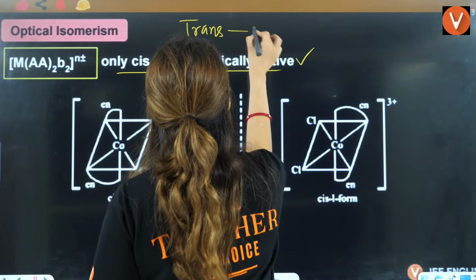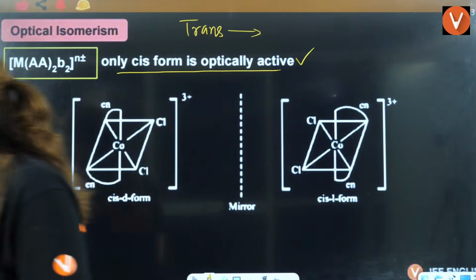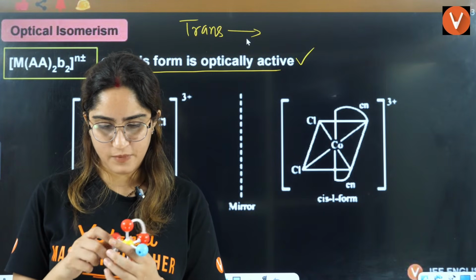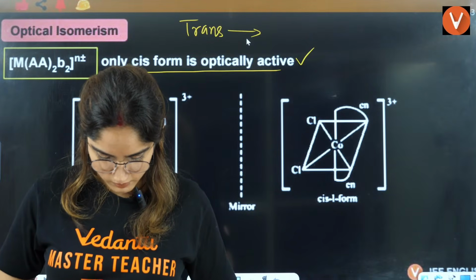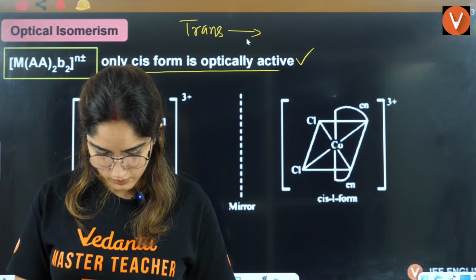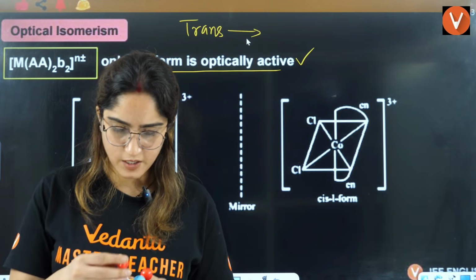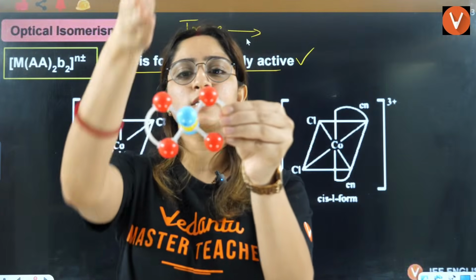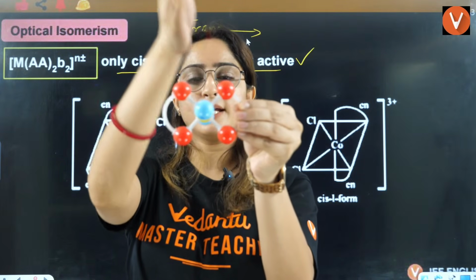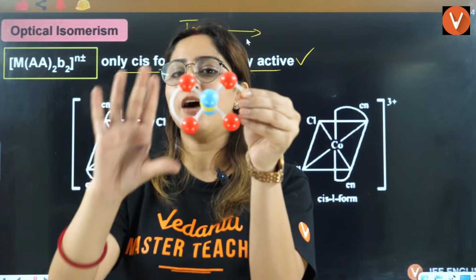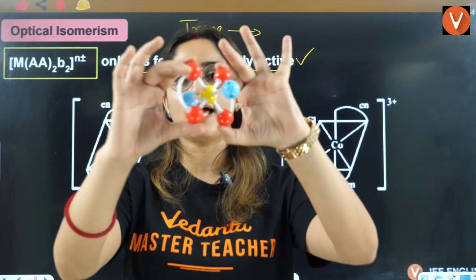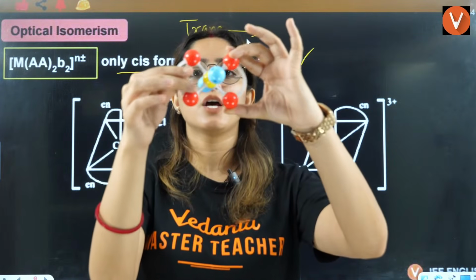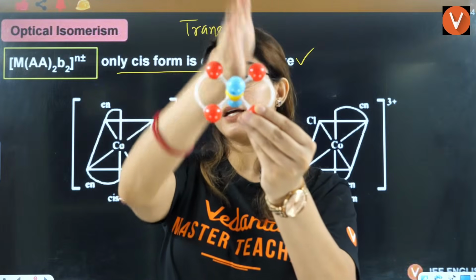Trans form here will be like this. Can you see? Directly we can pass a plane from here, and it is divided into equal halves. There is no problem with the axes as well; they both are on the same axis. So you can pass a plane and cut it into equal halves.